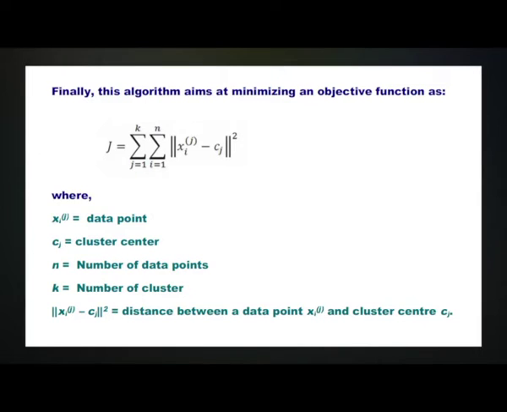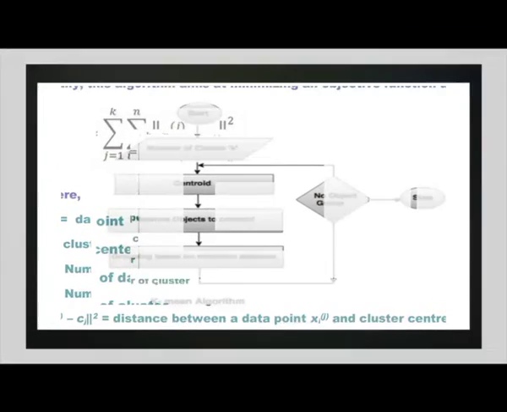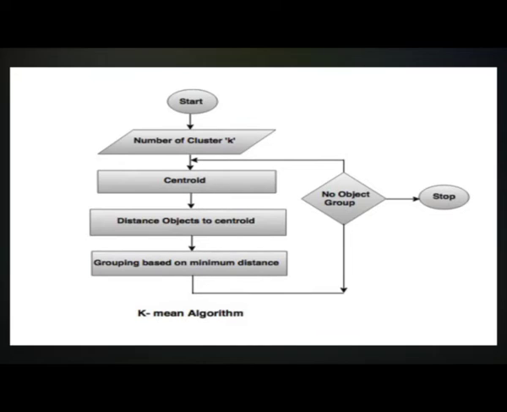We will see in depth about each component in this formula. x_i^(j) represents a data point, C_j represents a cluster center, n represents the number of data points, k the number of clusters, and the square of the modulus of x_i^(j) minus C_j represents the distance between a data point x_i^(j) and cluster center C_j. Now, let us look into the steps in this algorithm from this flow chart.